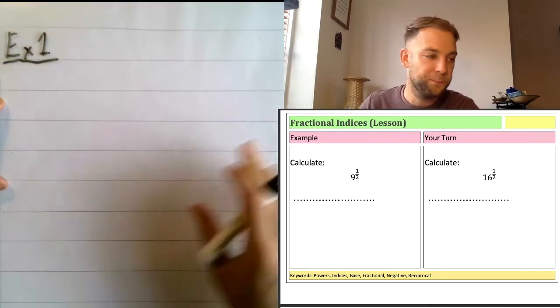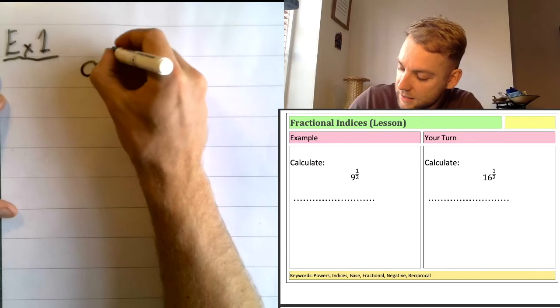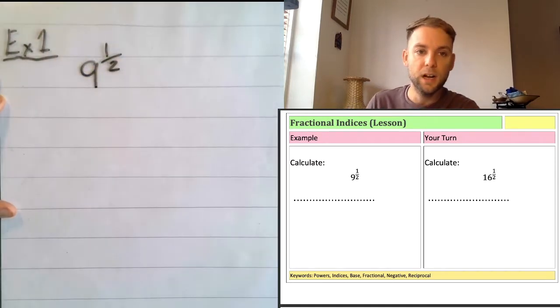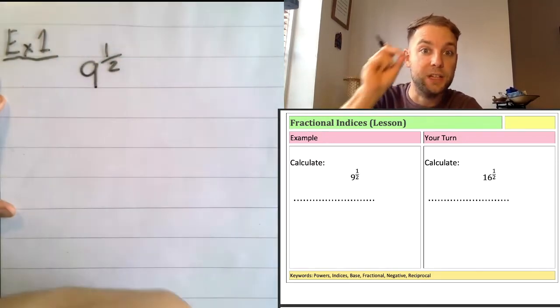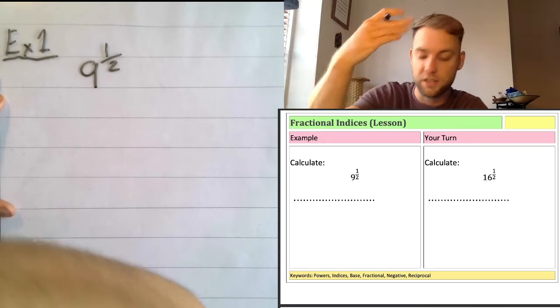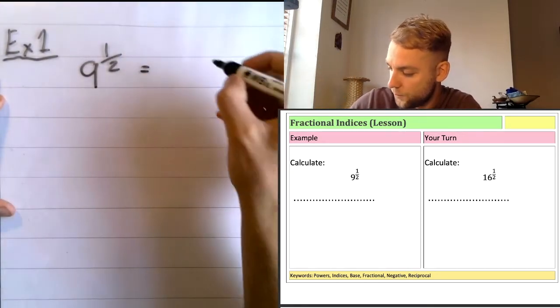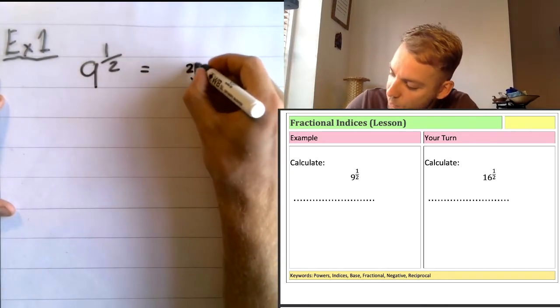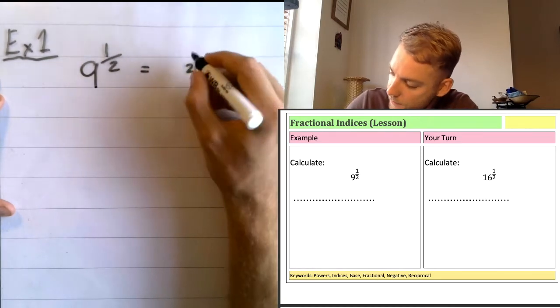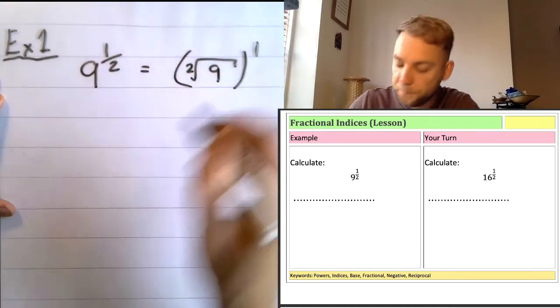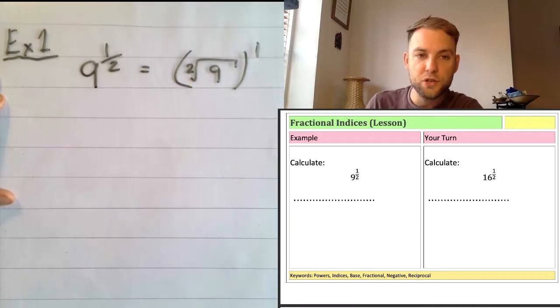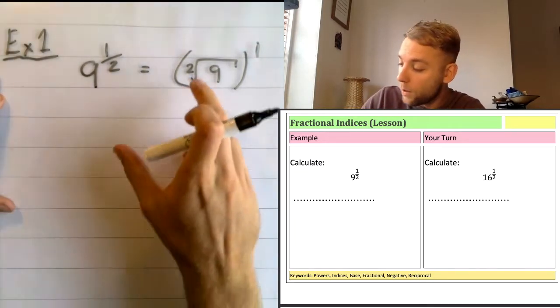First example is 9 to the power of a half. Now remember, the bottom of the fraction is the root, the top of the fraction is the power. So this is equal to the square root of 9 all to the power of 1. Okay? Now, when you're doing the square root, you don't always need to put that 2 there.